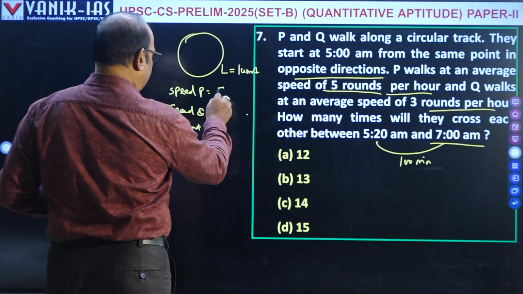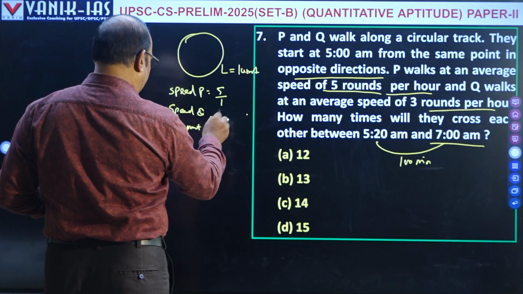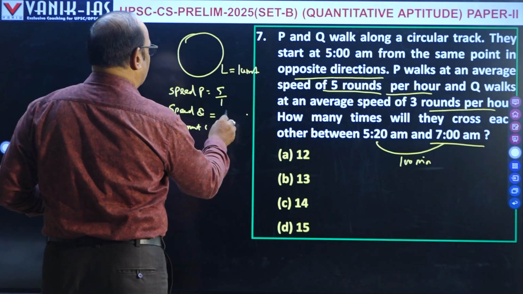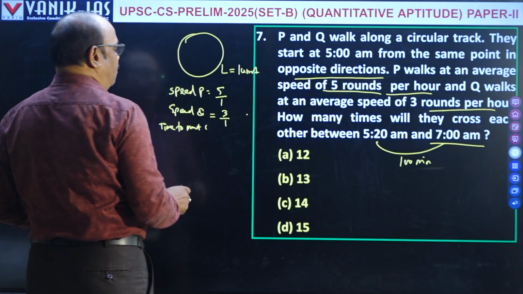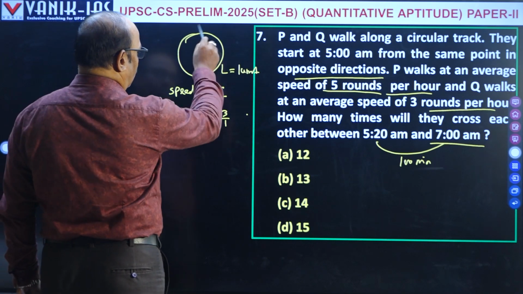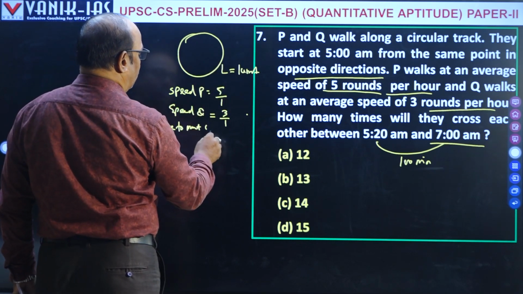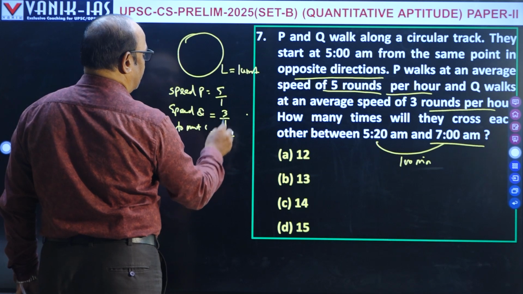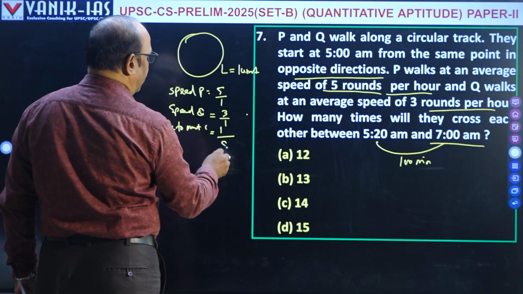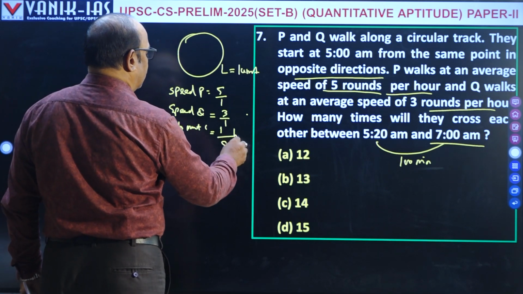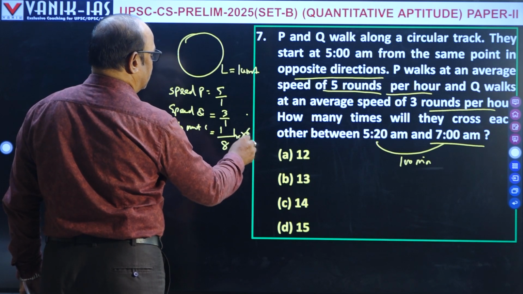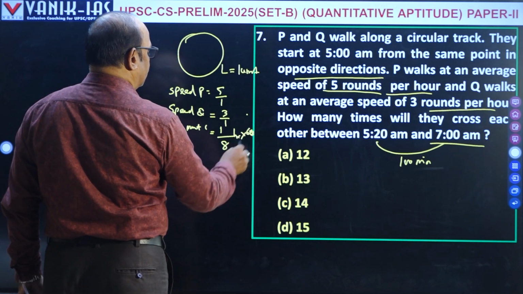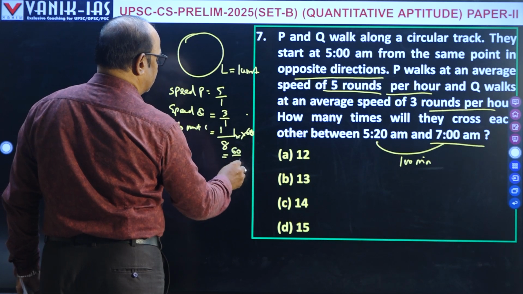In one complete rotation, the time will be 1 by 5 plus 3, that becomes 1 by 8 hour. Make it minutes, into 60, so 60 by 8 minutes.